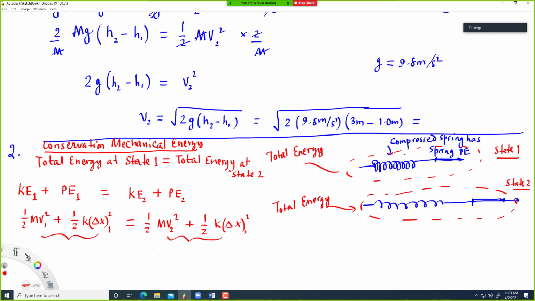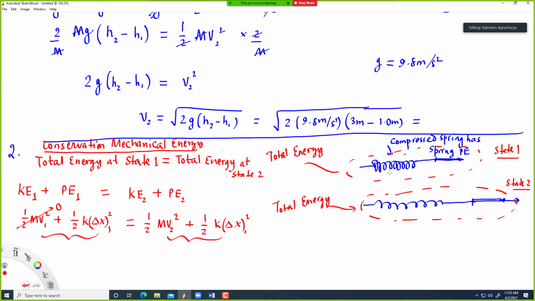So what's the kinetic energy of this system when it's compressed? 0. Yes, because there is no velocity or speed.